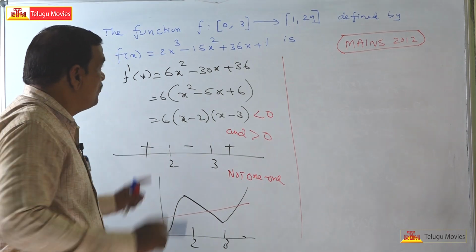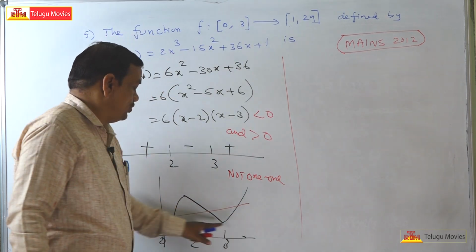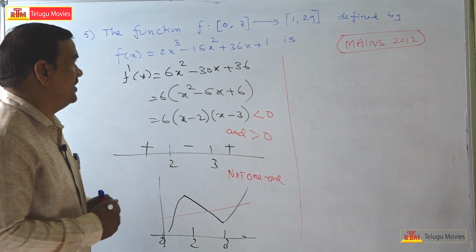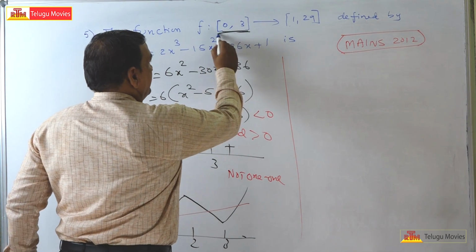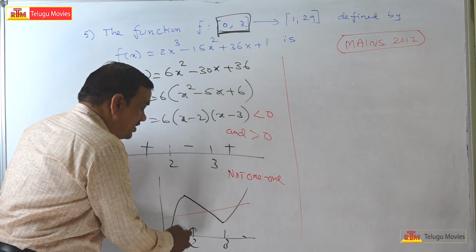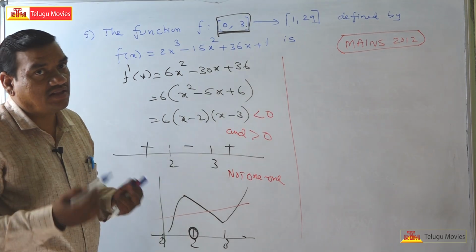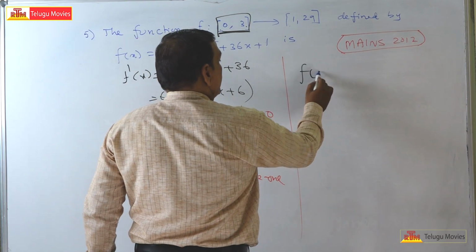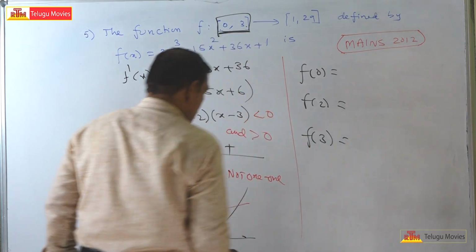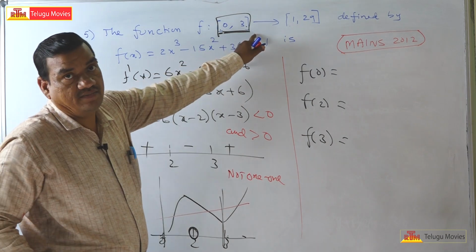The domain is 0 to 3, and in between, 2 is the turning point. So you find out f(0), f(2), and f(3). Your domain is from 0 to 3 only.